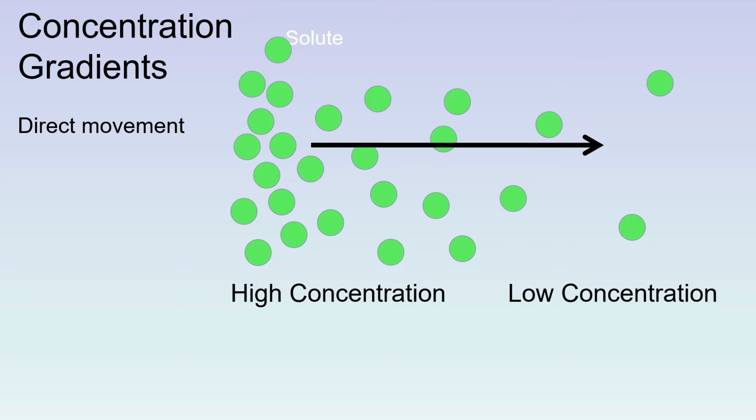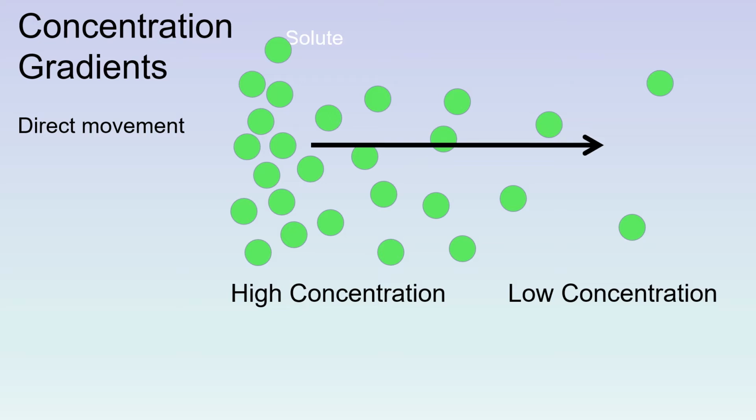So what we just described was diffusion, a movement, but what we had there was a concentration gradient. And concentration gradients determine the movement of molecules. They determine which way the molecule is going to move. In this picture here, we have a concentration gradient with lots of solute molecules, the green bubbles, on the left, and not many solute molecules on the right.